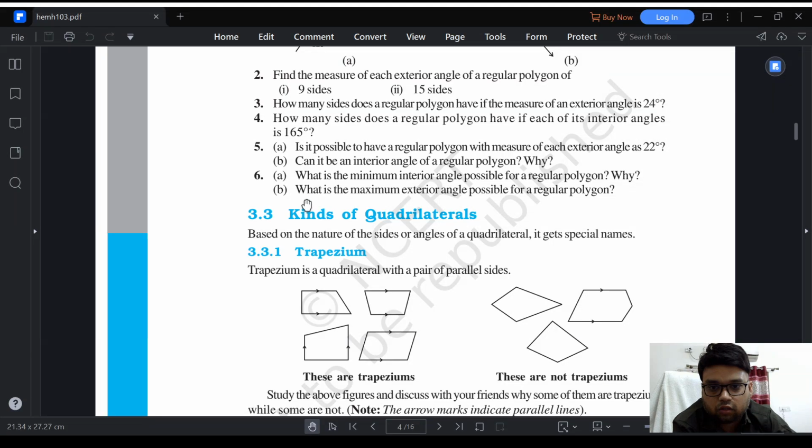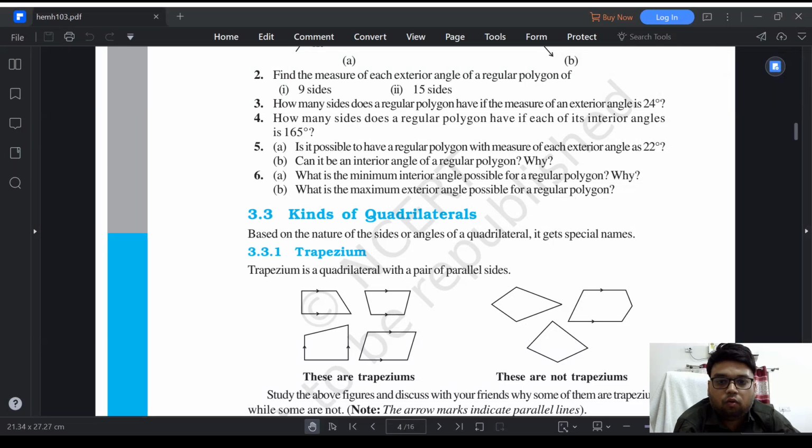Now further, question B: what is the maximum exterior angle possible for a regular polygon? The first question is minimum interior angle possible, and the second one is maximum exterior angle possible for a regular polygon.